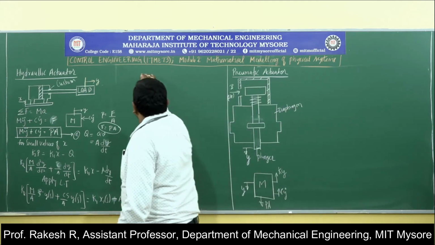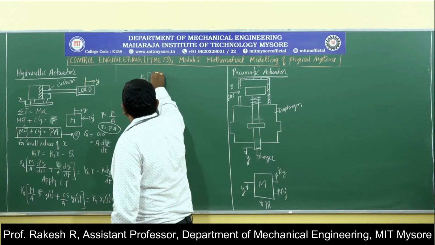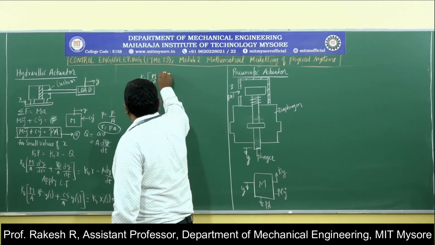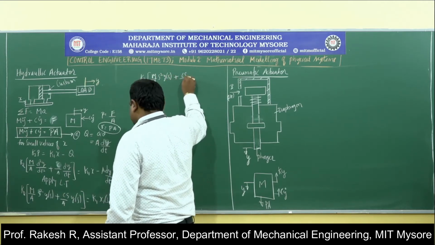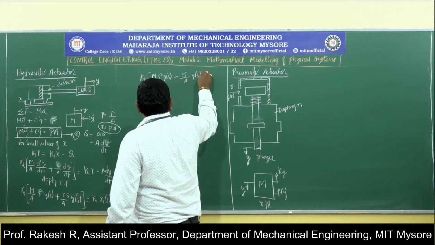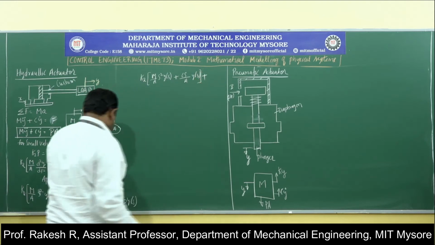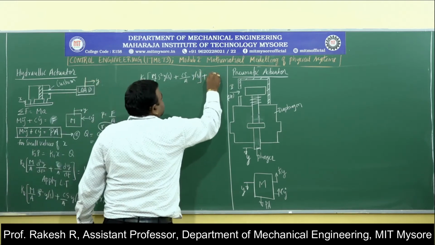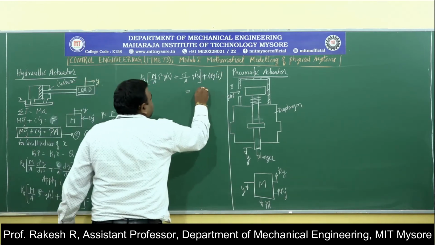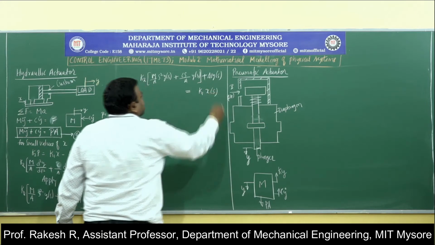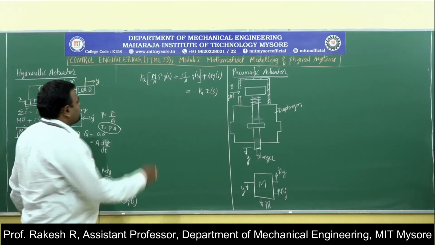So directly K2 into M by A S square Y of S plus Cs by A Y of S plus this term plus A into S Y of S will be equal to only K1 into X of S. So I can take out A as a common here.